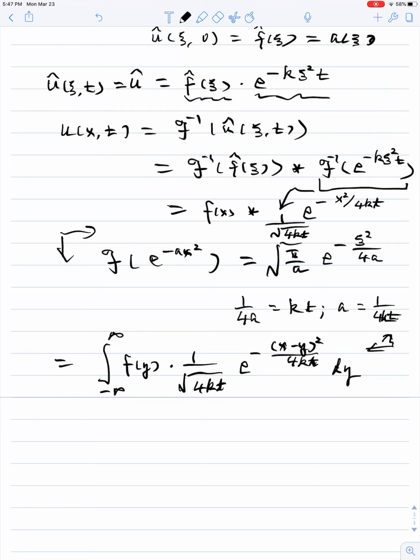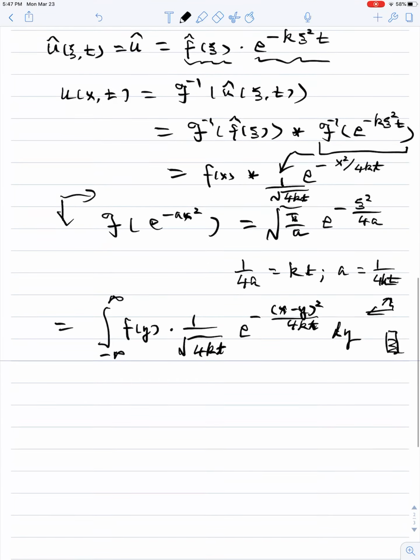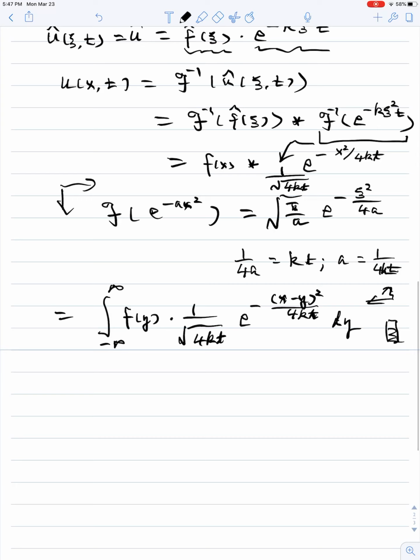And if you go back to look at section 2.1, that is exactly the same formula that we obtained in 2.1.